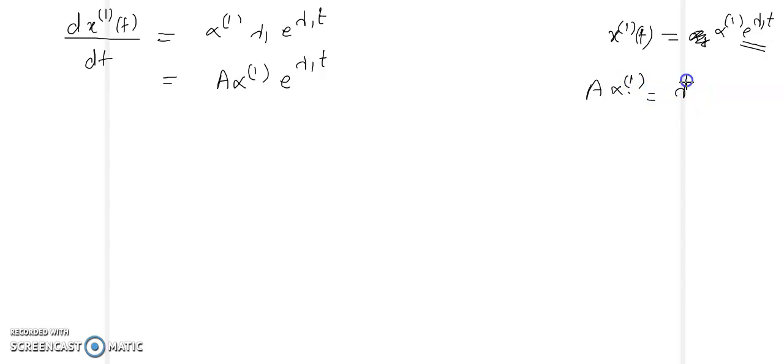A alpha 1 will be equal to lambda 1 alpha 1. So I can replace lambda 1 alpha 1 with A alpha 1. So we are going to get again alpha 1 e raised to lambda 1 t.